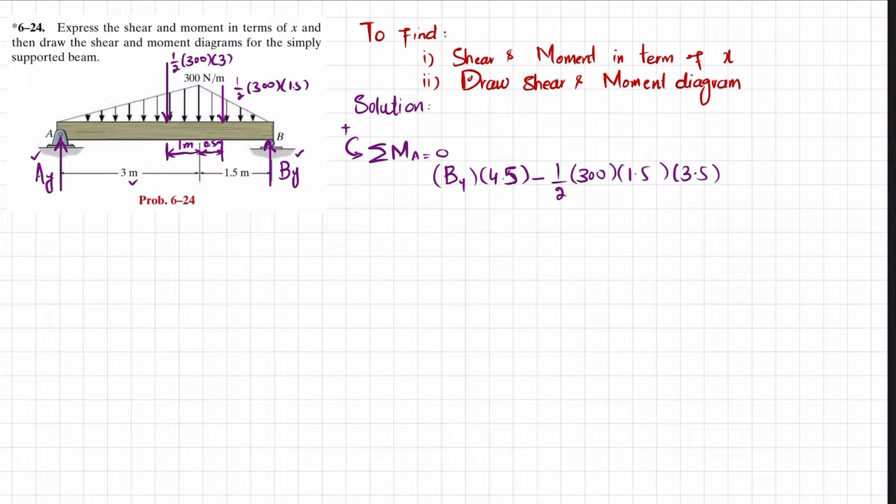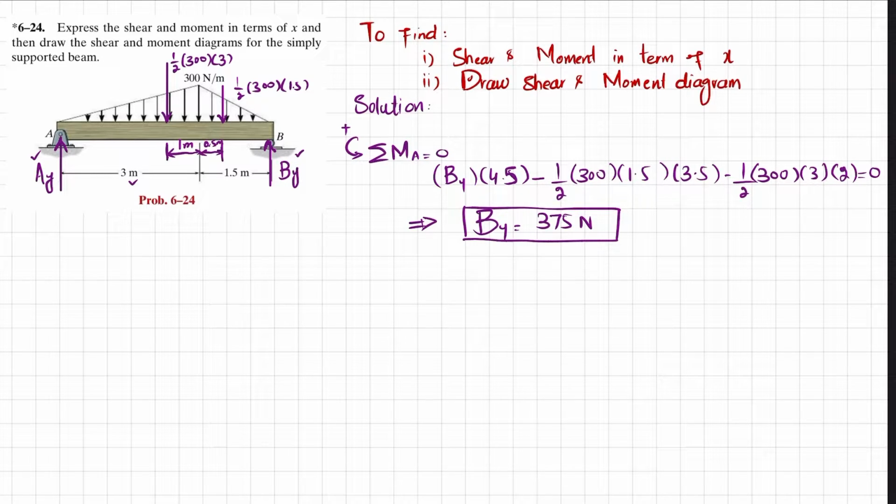So I will write minus 1 over 2 into 300 multiplied by 3 multiplied by 2. Their sum must be equal to 0. When you calculate and simplify all this, you will get By equal to 375 Newton. So this is By.